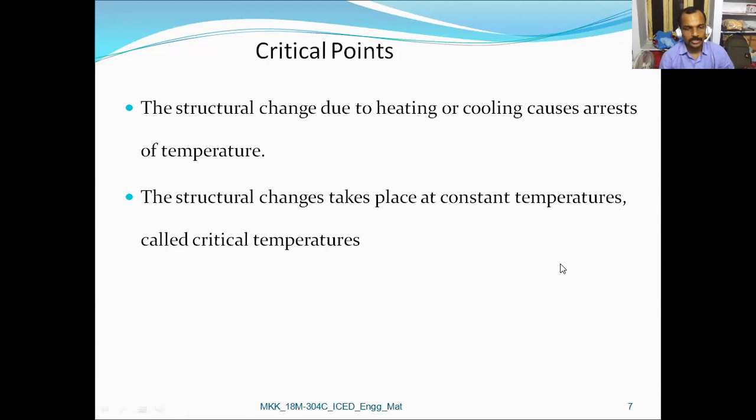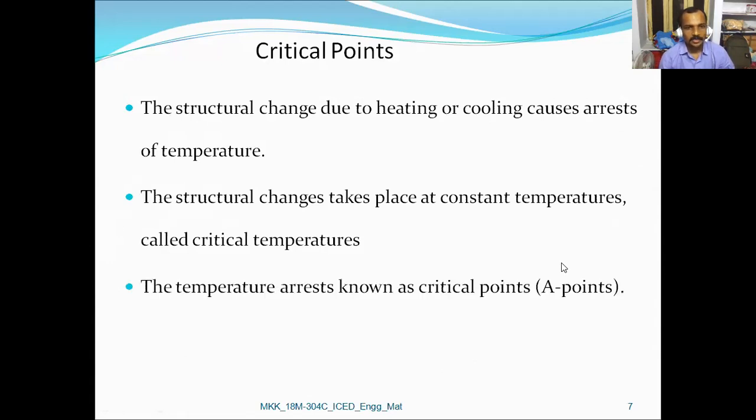The point where the temperature is arrested is known as a critical point, given as A points. So the temperature arresting points are called critical points.